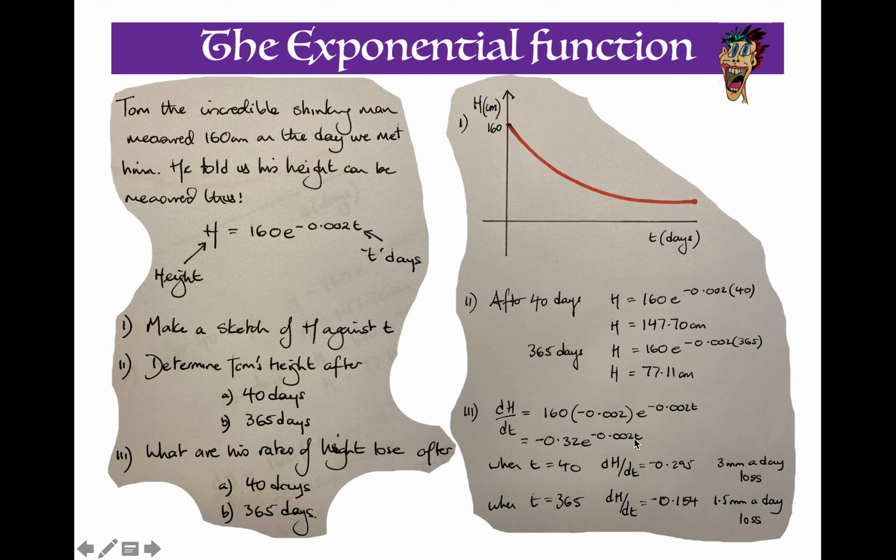After 40 days, substituting t as 40, we get a rate of change of negative 0.295, which we then say is 3 millimeters a day's loss. We don't say minus, we say it's 3 millimeters a day loss. When we put 365 into this equation, we get a rate of change of negative 0.154, so roughly 1.5 millimeters a day's loss.